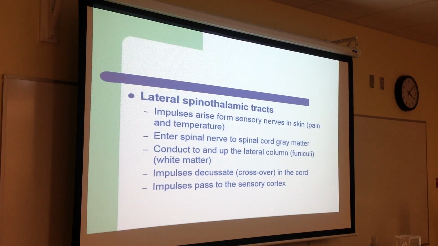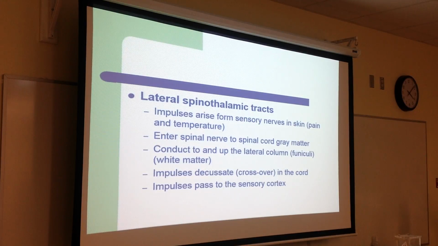Spinal cord. Where does it end? Thalamus. And if it is a spinothalamic tract, is it ascending or descending? Which means what kind of information is it carrying? Sensory. Correct. Now, what about this? This is going to be pain or temperature on the skin. Pain or temperature. All right?